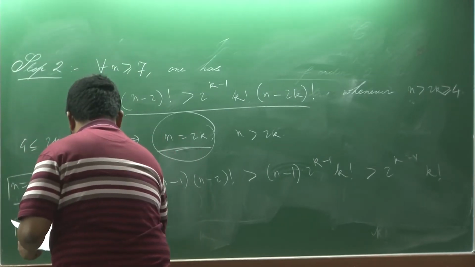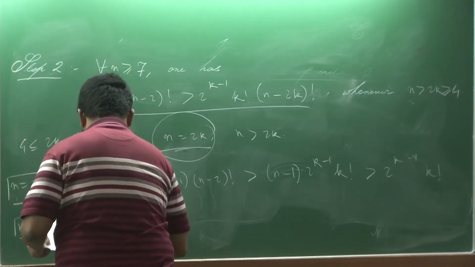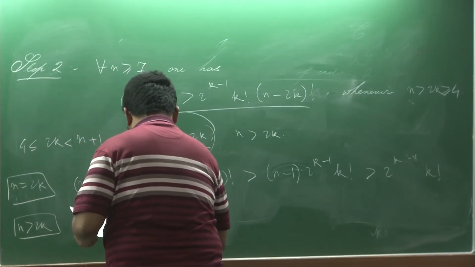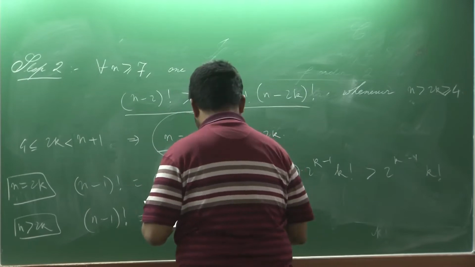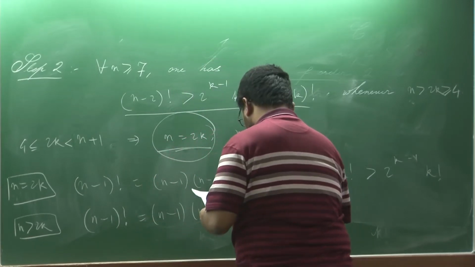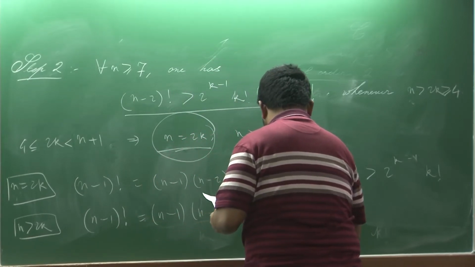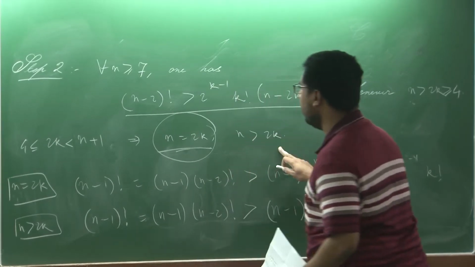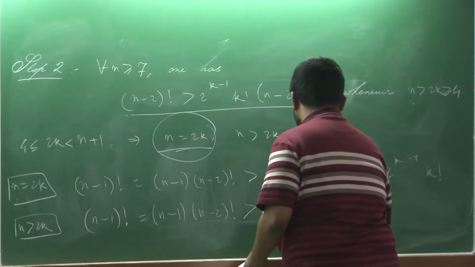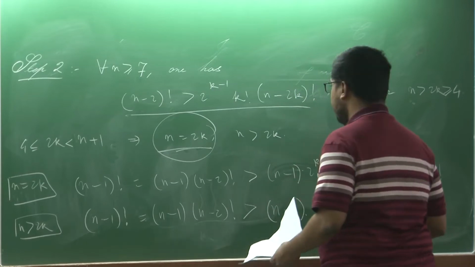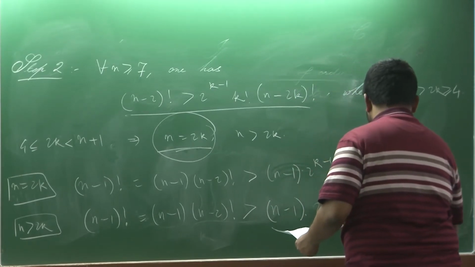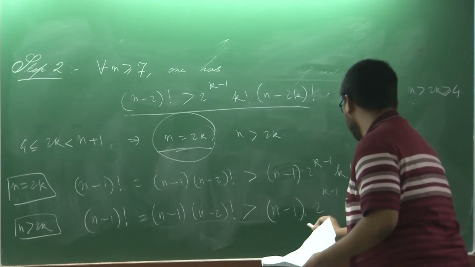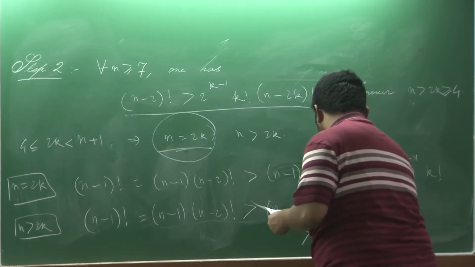There also it is not difficult. n minus 1 times n minus 2 factorial is strictly bigger than n minus 1, of course, times, since n is greater than 2k, we use the induction hypothesis, n to the power k minus 1 times k factorial times n minus 2k factorial, and the rest is again another quick manipulation.